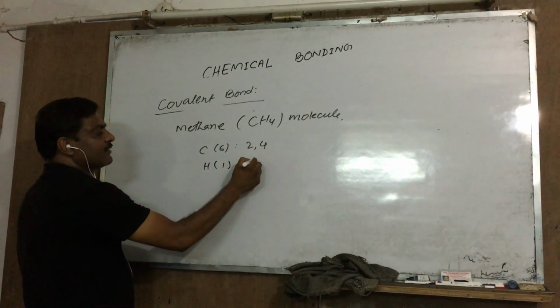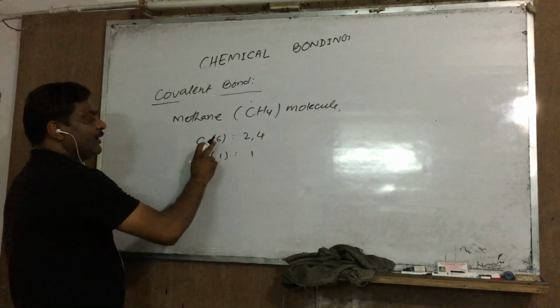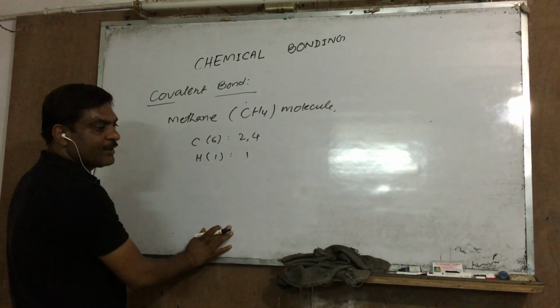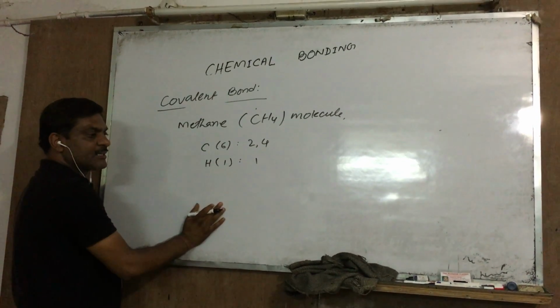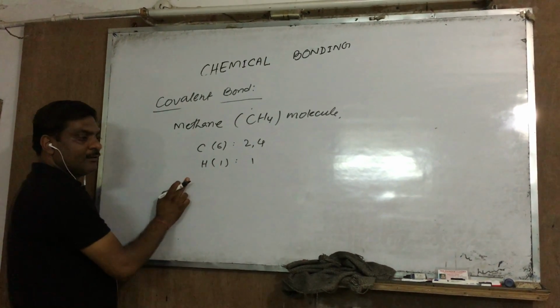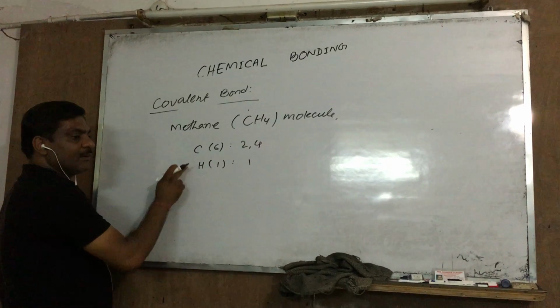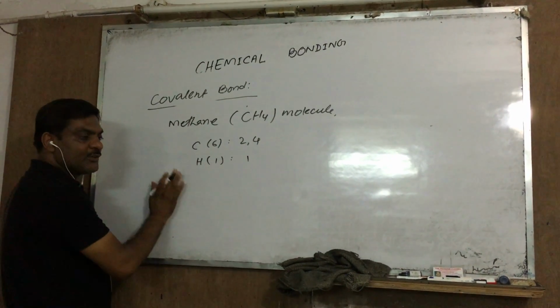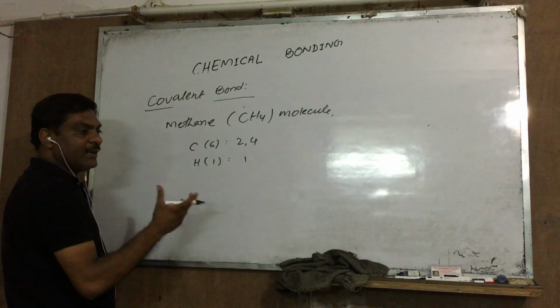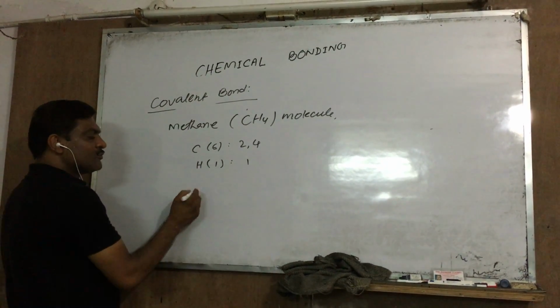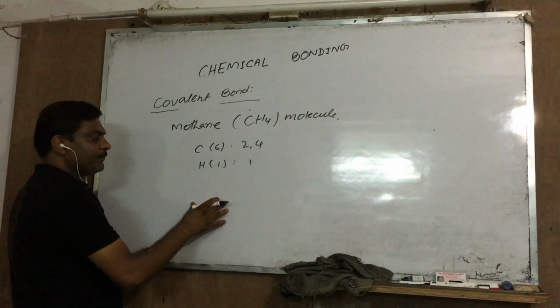The electronic configuration is 1. So carbon will require 4 more electrons to become stable, and hydrogen will require 1 more electron to become stable. Both are non-metals, so both have the tendency to gain electrons. No one is in the position to lose the electron. So these two types of atoms will have the mutual sharing of electrons between them.